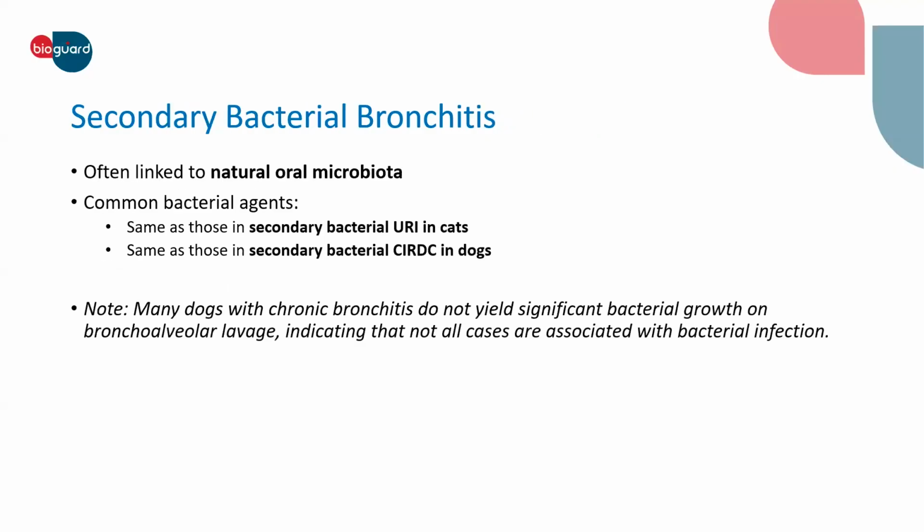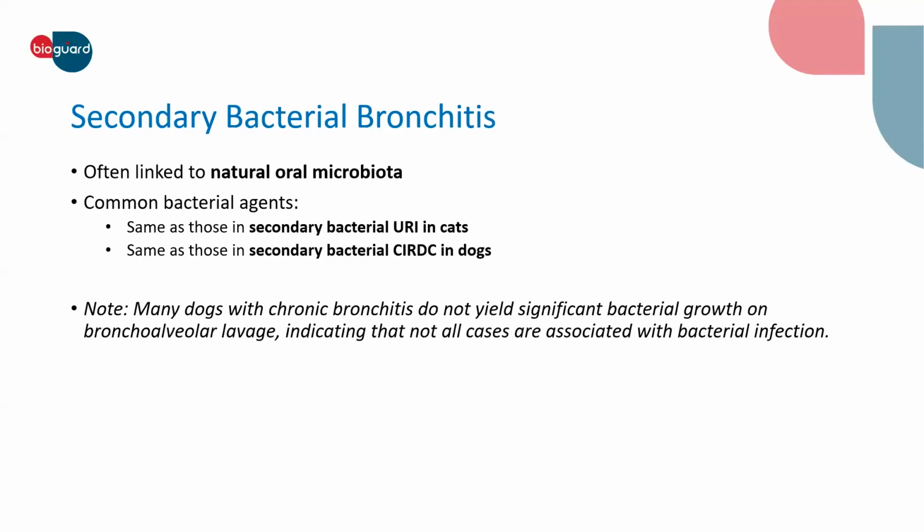And secondary bacterial bronchitis is often linked to the natural oral microbiota, and the common bacterial agents are similar to those we just talked about, the secondary bacterial URI in cats and secondary bacterial CIRDC in dogs.